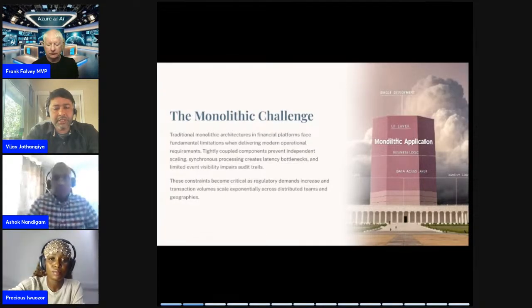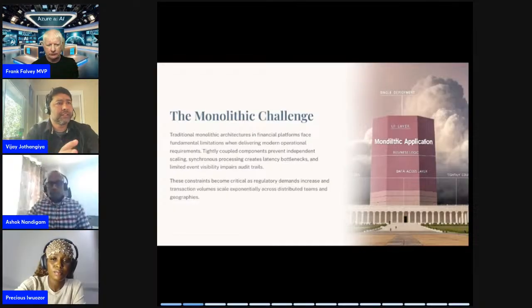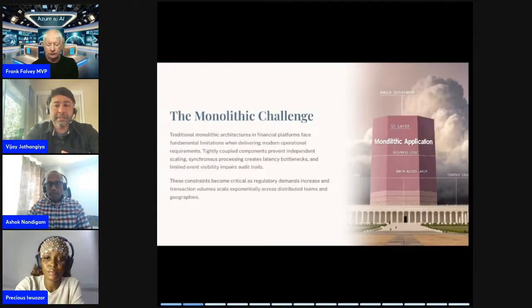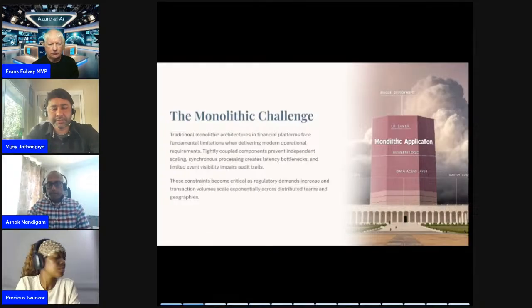At small scale, this works perfectly fine, for the smallest banks. But for a larger bank, an investment bank, take for example Bank of America, JPMC, or Wells Fargo, as transaction volume grows and regulatory demand increases, the monolith reveals structural weaknesses.